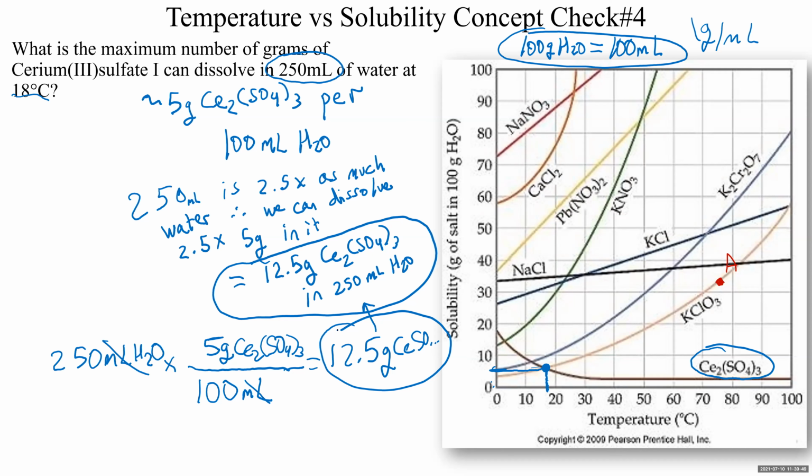Oh, cerium sulfate becomes less soluble with higher temperature. All the others become more. I can immediately spot points along the way that are either supersaturated or saturated, depending on which compound I'm looking at and what temperature I'm looking at. So it's very helpful and very important to be able to read graphs. It really is.